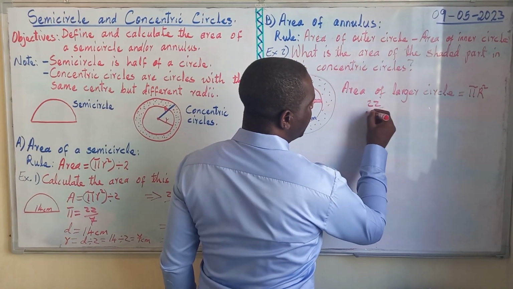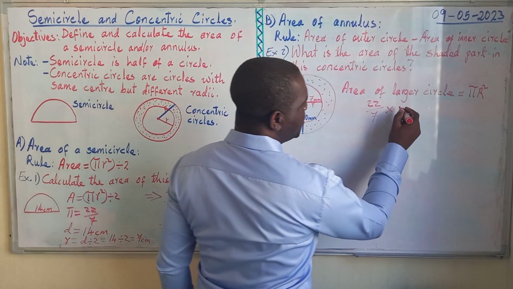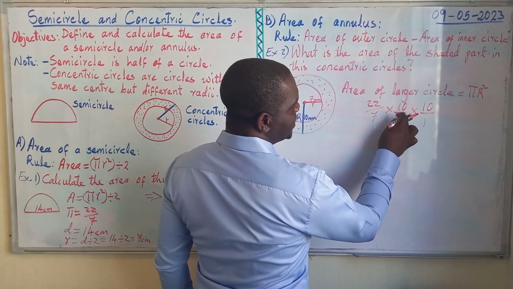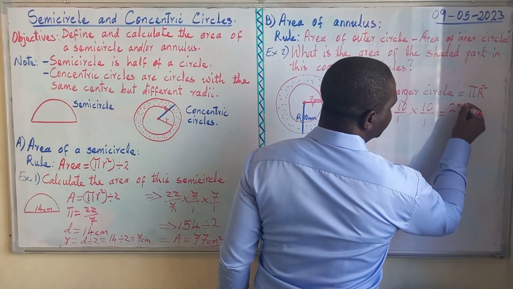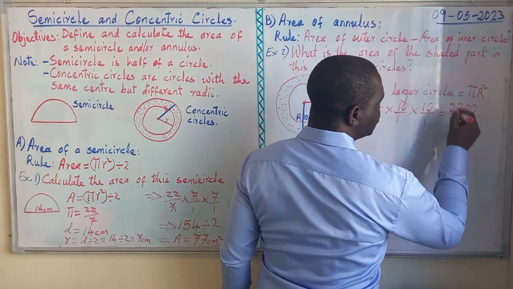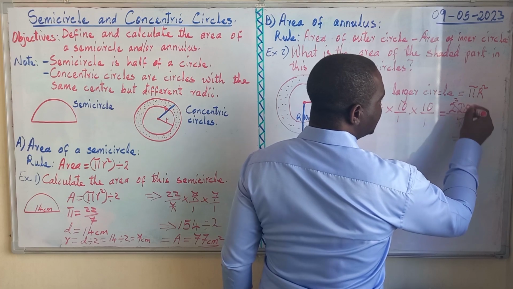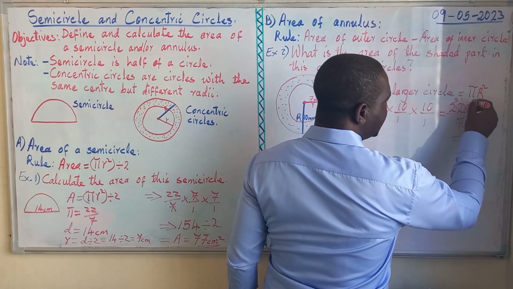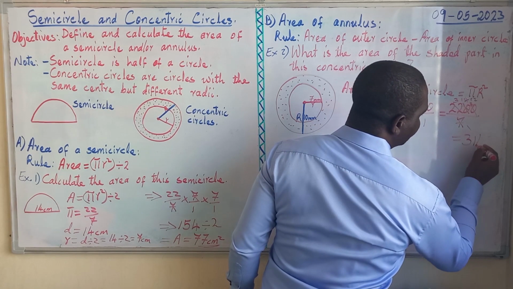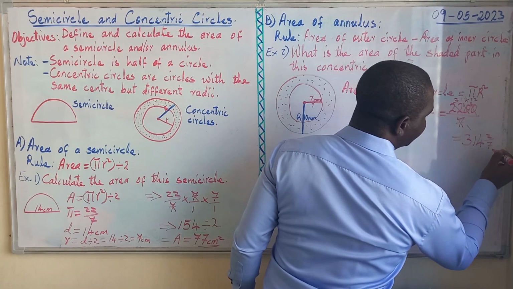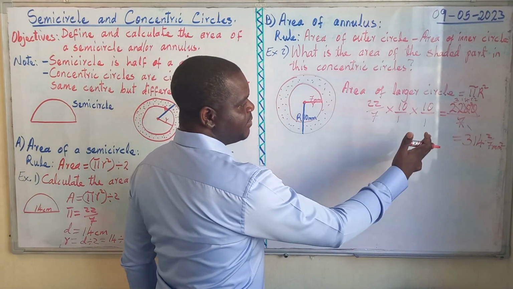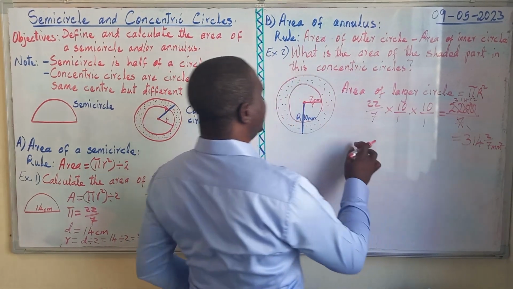Pi is 22/7 times the radius here is 10 millimeters, 10/1 times 10/1. 22 times 10 times 10 is going to give us 2200 divided by 7. 7 into 22, 3 remainder 1, 7 into 10, 1 remainder 3, and 7 into 30, 4 remainder 2. So our answer will be 314 and 2/7 millimeters squared. You can put it in fraction form or in decimal form. So that is the area of the outer circle.